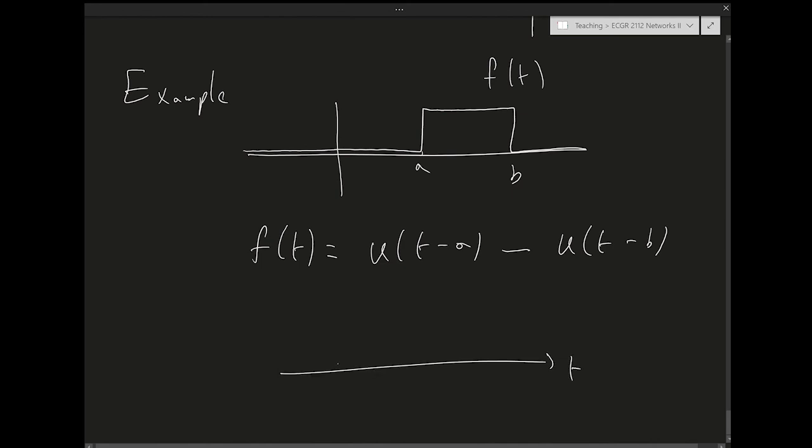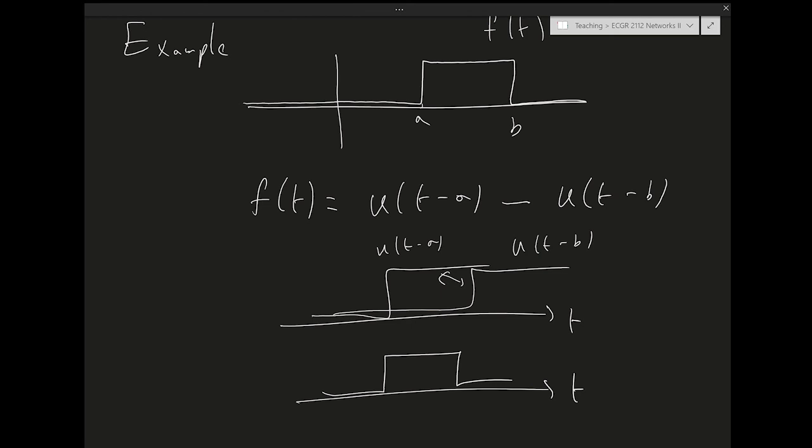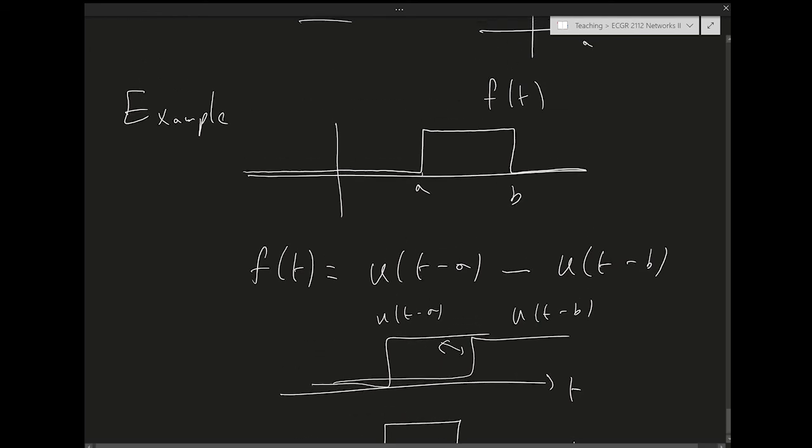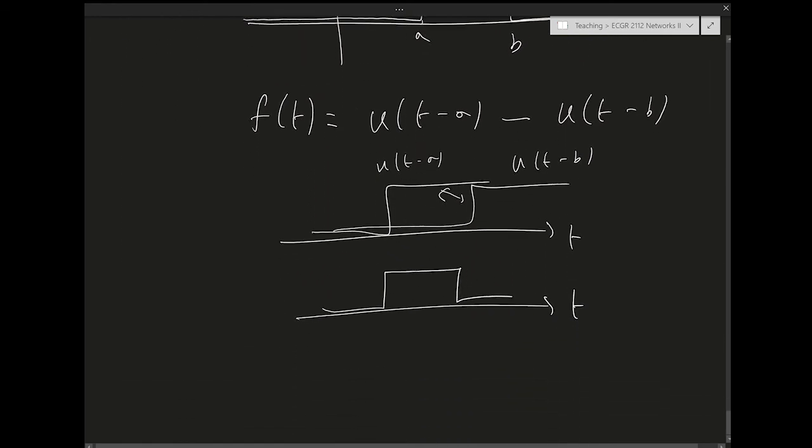If I have u of t minus a and then u of t minus b, if I subtract those two from each other, I end up with a pulse like that. You should be able to synthesize pulses using the Heaviside step function. Okay.